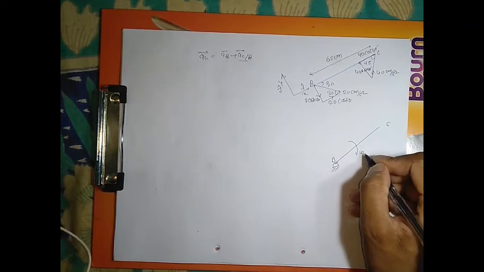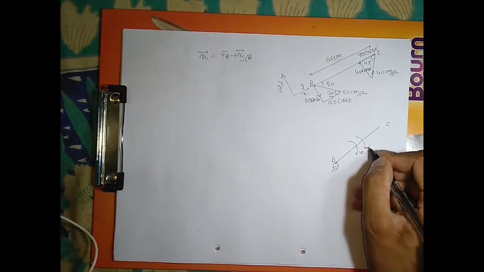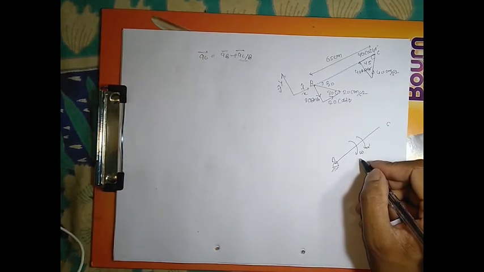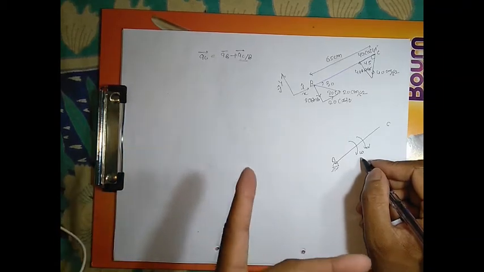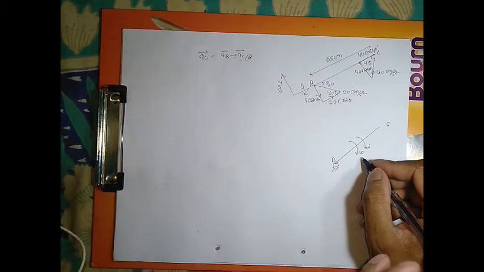I am assuming the directions like that, but if my supposition is wrong, then omega and alpha will come out negative when we get the answer.